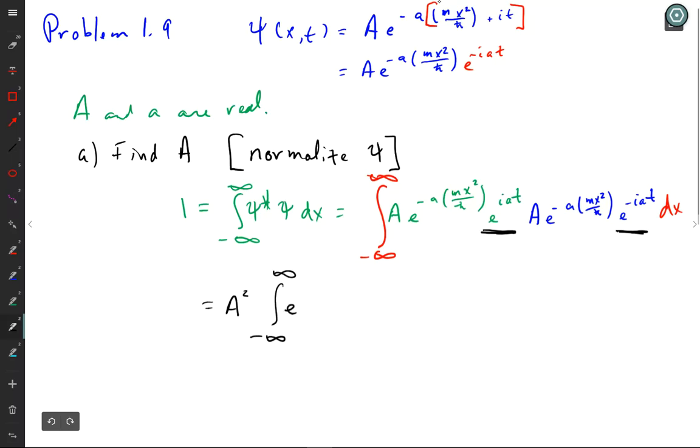So there I added the exponents of the real ones, and added the exponents for the imaginary ones.